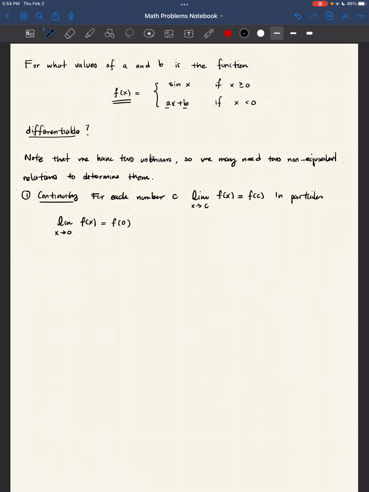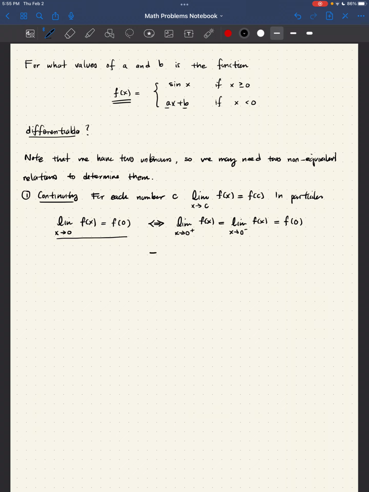But let's translate this equation. If you recall from the discussions about limits, for a limit to exist, it is equivalent to say that the two-sided limits exist and are equal, right? So I can transform this equation into the following. The limit as x tends to 0 from the right of f of x is the same as the limit as x tends to 0 from the left of f of x, and these two limits should be equal to the function evaluated at 0.